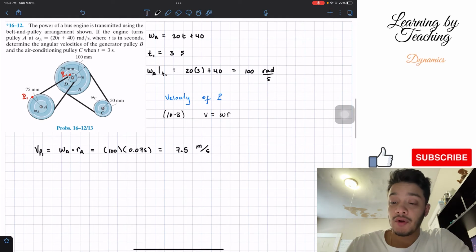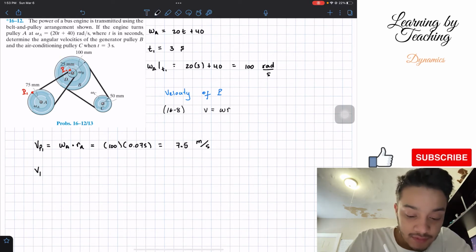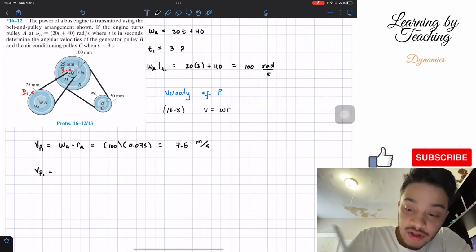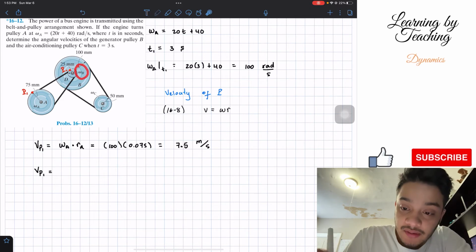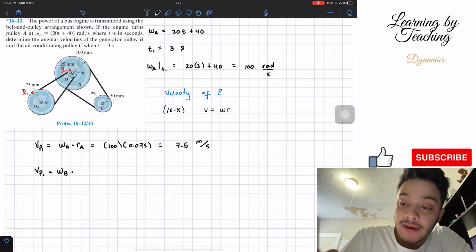As I said, the velocity of this point should be the same as the velocity of this point. That means this point 1, again, should also be equal to the velocity at disk B, so the angular velocity of disk B multiplied by the radius.